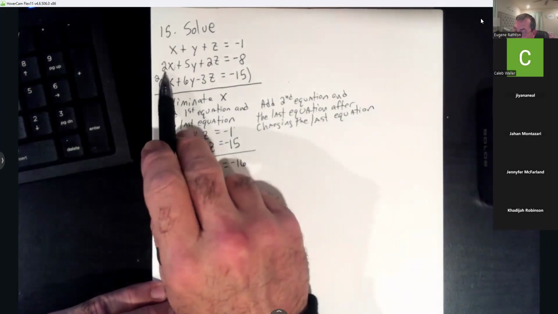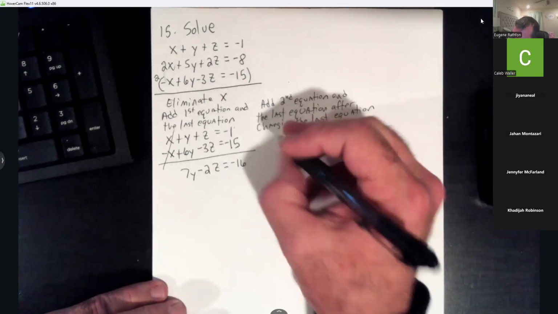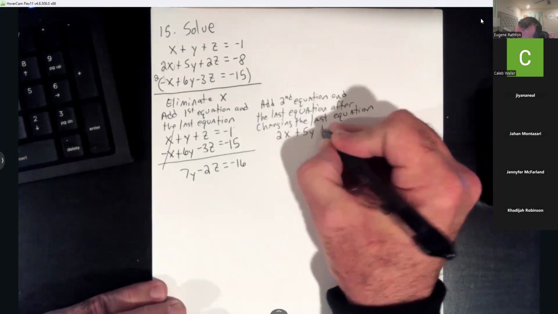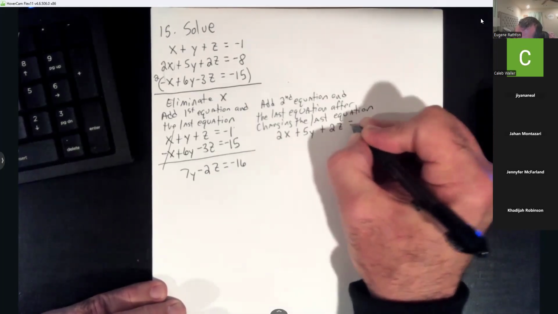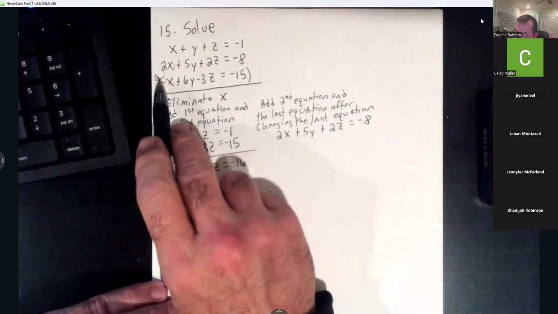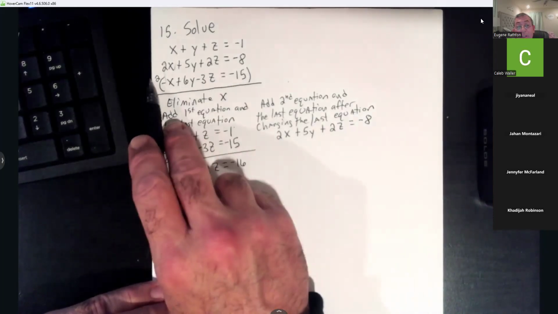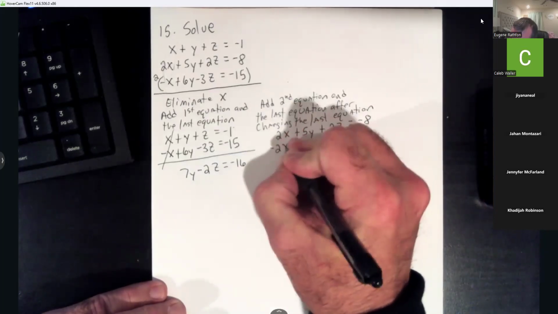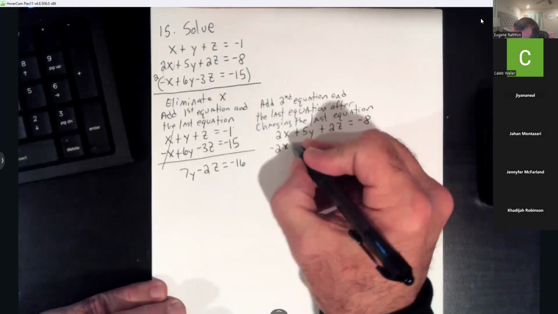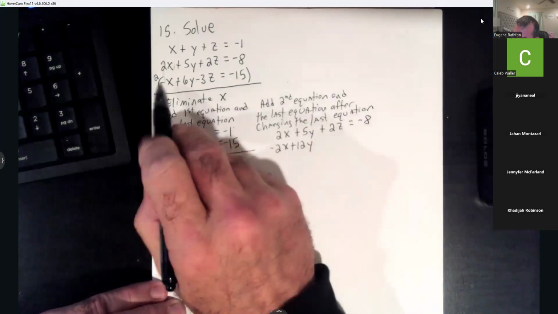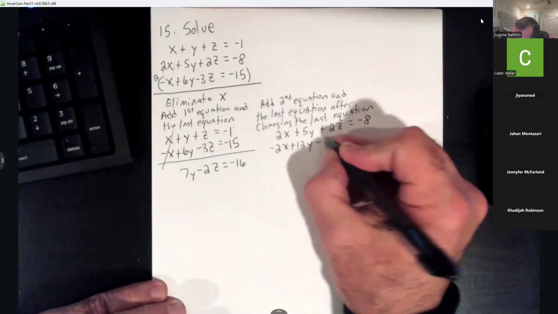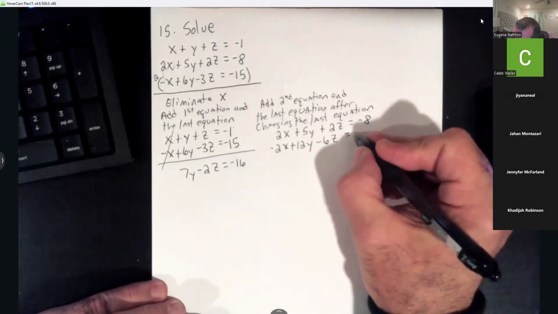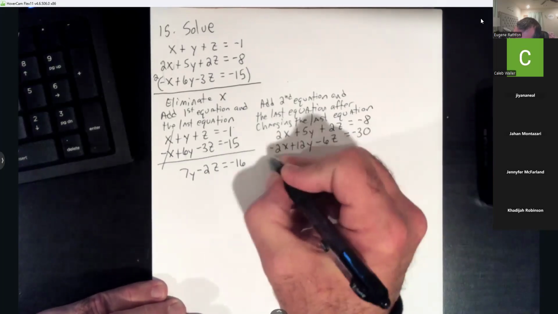Okay? So this second equation stays the same. 2x plus 5y plus 2z equals -8. Multiplying the last equation by 2 gives me a -2x, positive 12y, -6z, and then 2 times -15 is a -30.